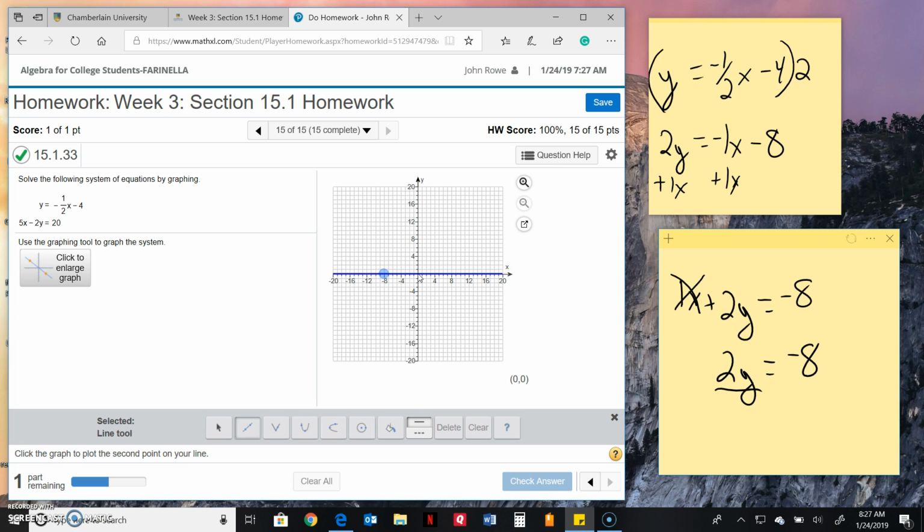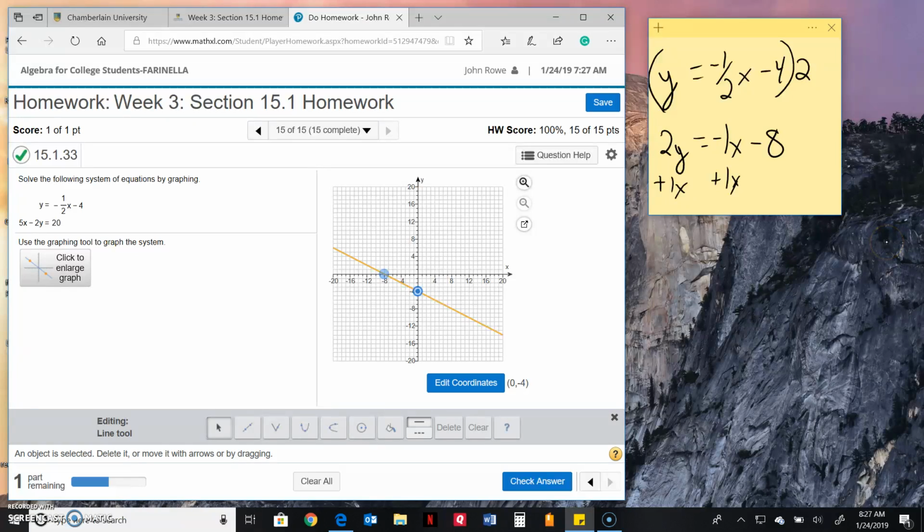Let's divide both sides of this by 2. Y is going to be equal to negative 4. So here's our first line, the x-intercept at negative 8 and the y-intercept at negative 4.